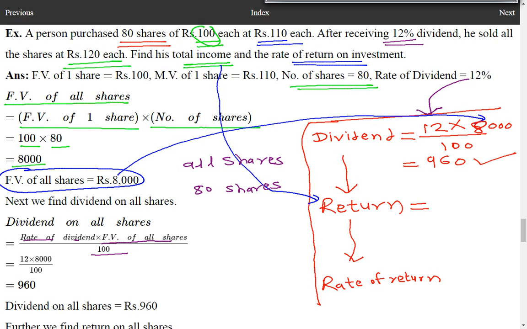Then we have to find return. Again, to find return, first note that there is resale of shares with profit. So resale of shares with profit, how much profit is there?